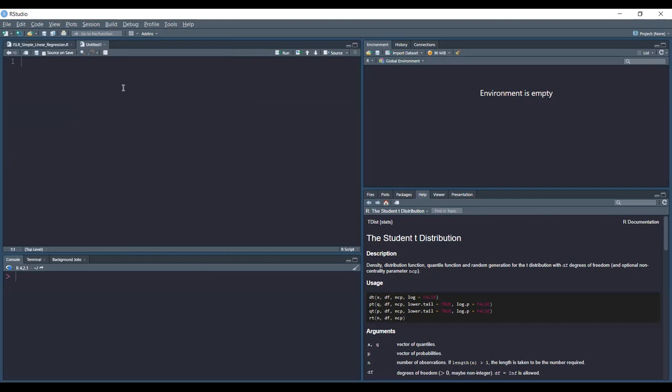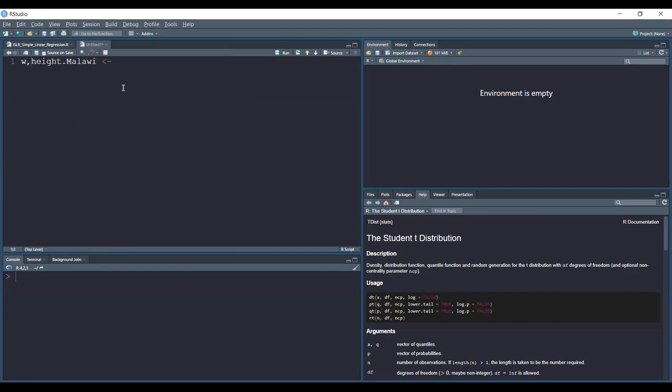We've been working quite a bit with normal distributions, where I can say heights in, say, Malawi, and these heights for women.